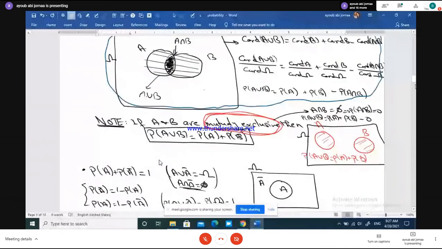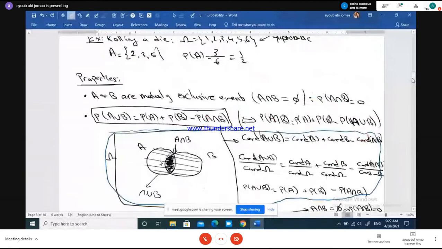The first property I mentioned last time: mutually exclusive means there is no intersection between the events. Okay, thank you.